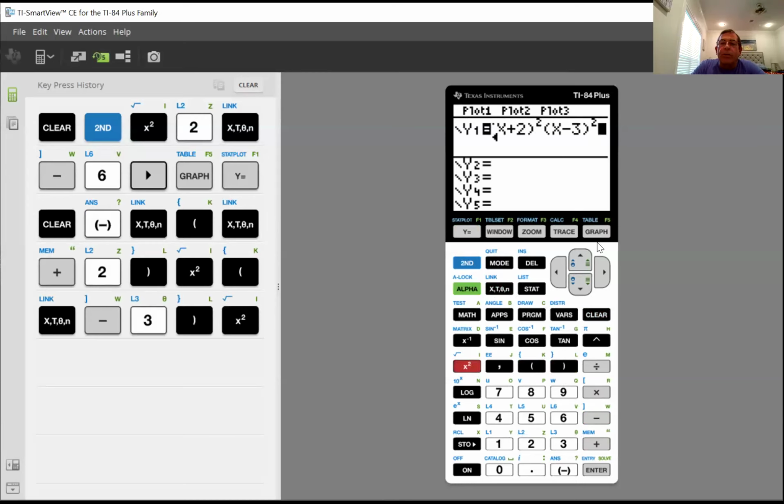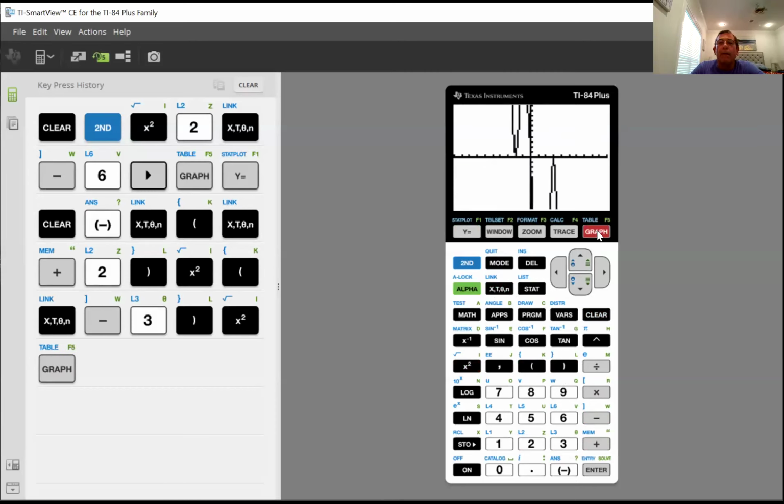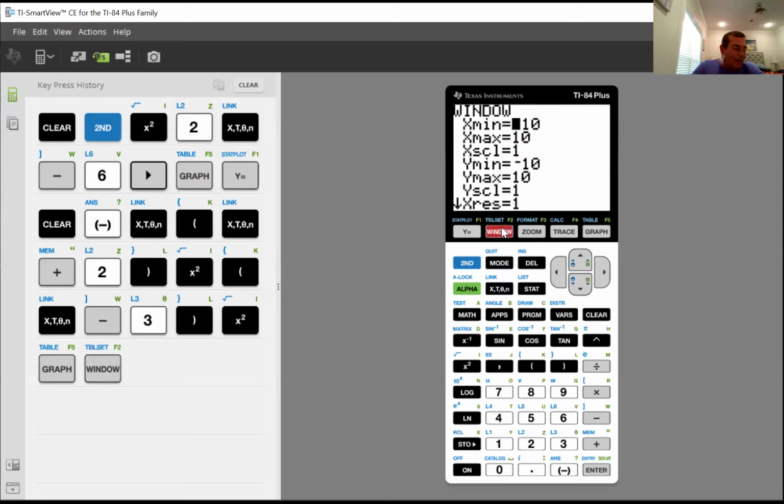All right, so usually on this graph, you can sort of tell what's happening. So I'm just going to hit graph. Now, you see it's sort of jacked up in there looking? So what I'm going to do is set my window like they did theirs. I'm going to go to window. They go from negative 5 to 5 on the x's. So negative 5, I'm going to arrow down and go to 5.